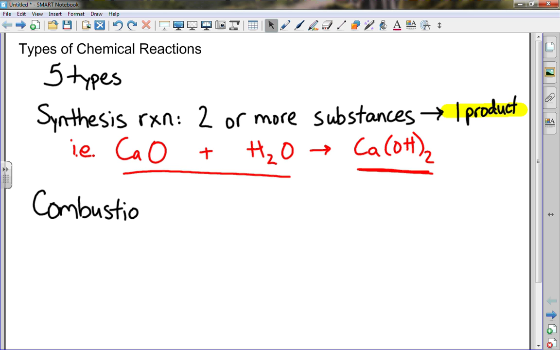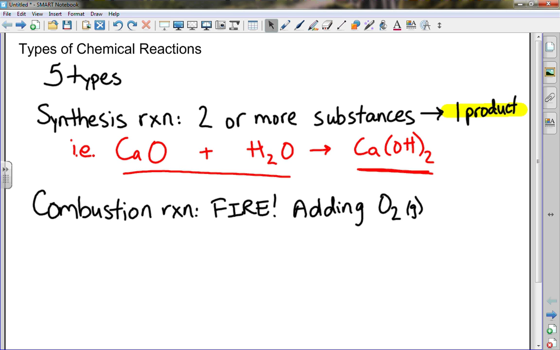And as you would expect, a combustion reaction is when you have fire. Really what it means is you are adding oxygen gas and you are producing carbon dioxide plus water.